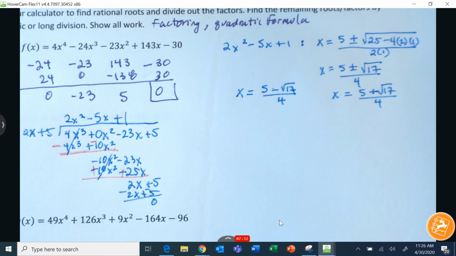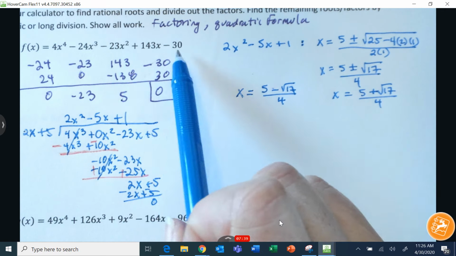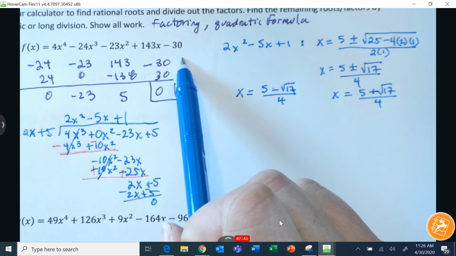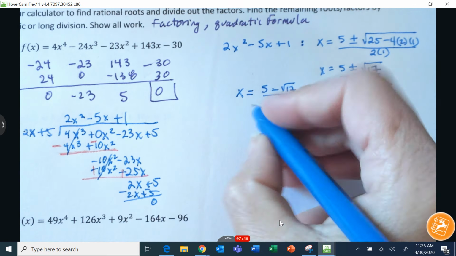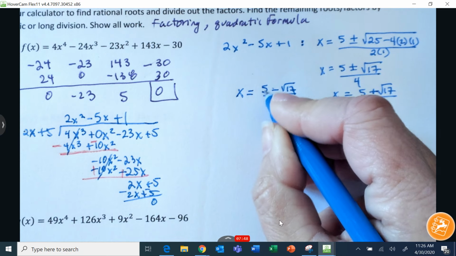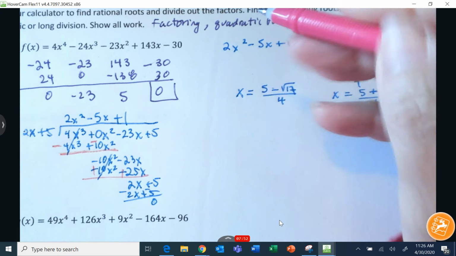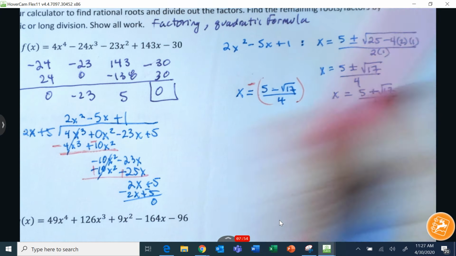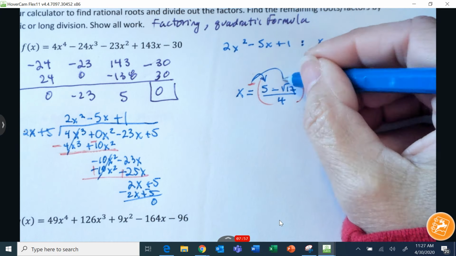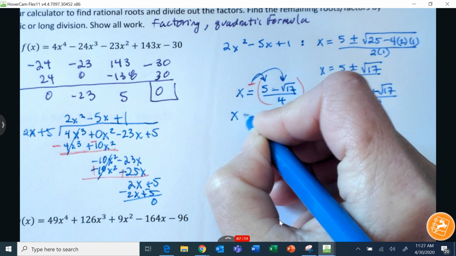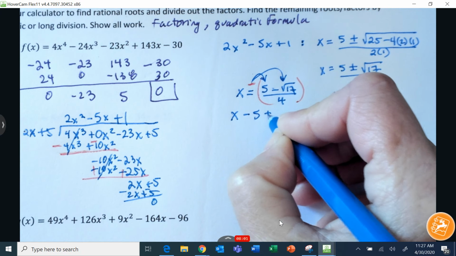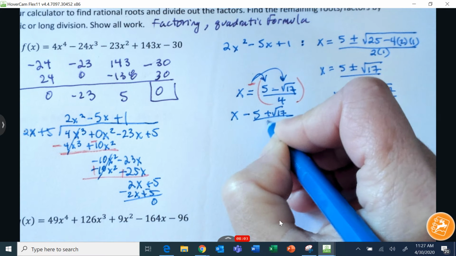Now, here's the tough part. Let me just keep working through it. If I'm going to subtract this from both sides, then I'm going to have to distribute that subtraction sign, and I will have x minus 5 plus square root 17 over 4.